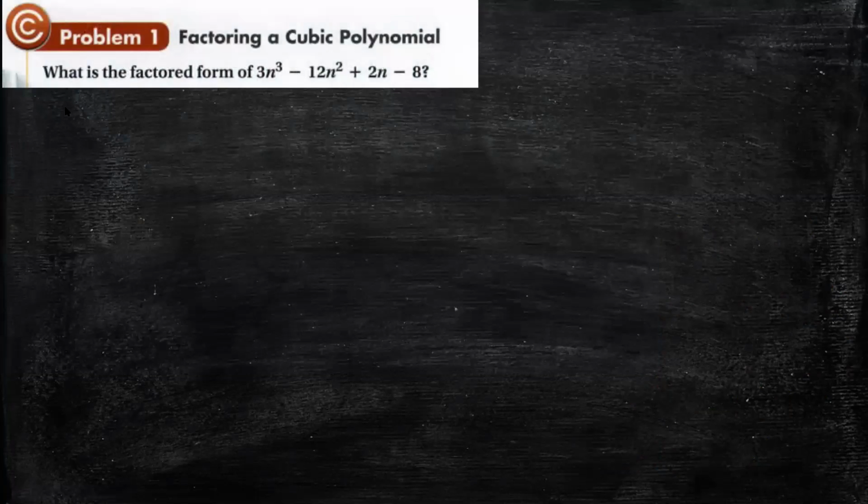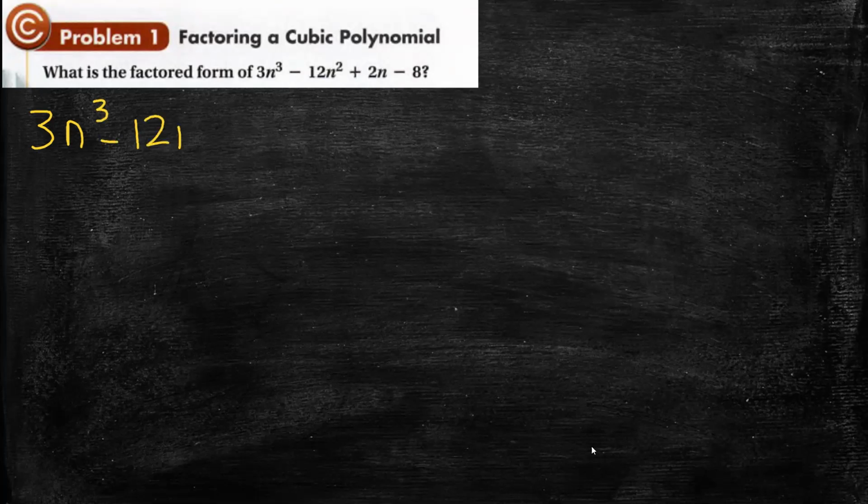Factoring a cubic polynomial. What is the factored form of 3n cubed minus 12n squared plus 2n minus 8? The first step, I want you to group the terms into two pairs.